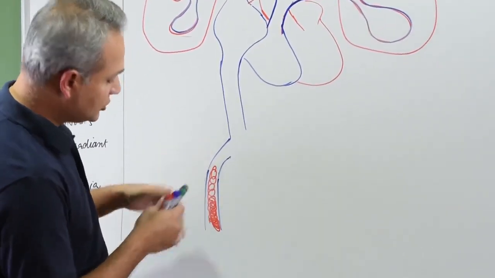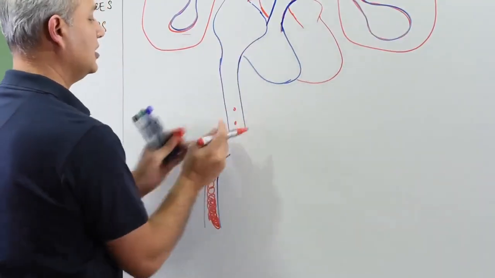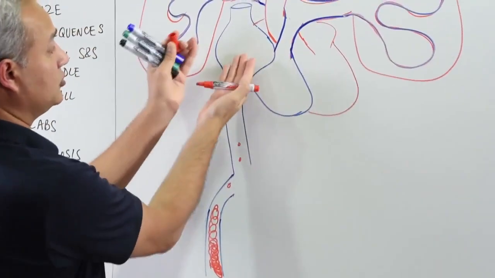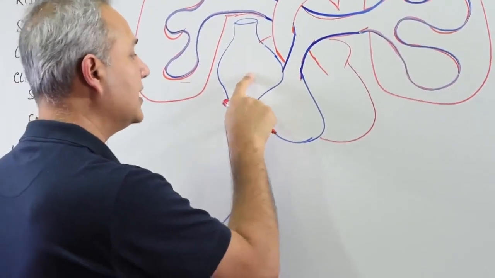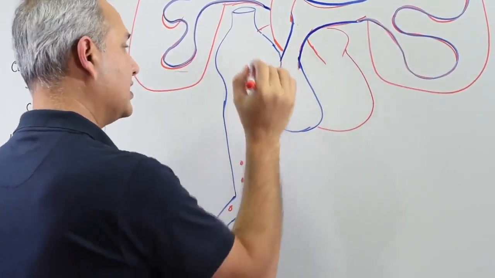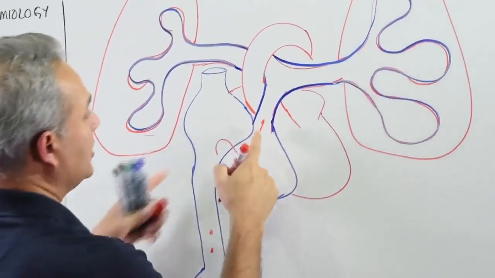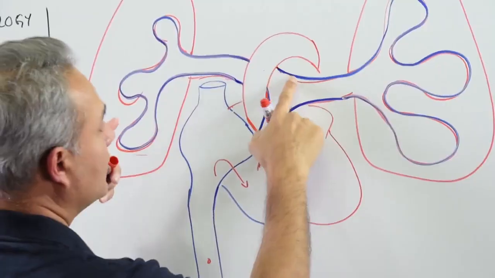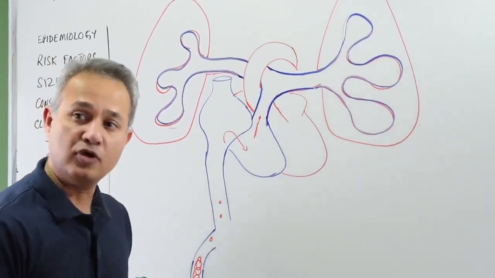So imagine a piece of this thrombus breaks off and travels to larger veins, finally reaching the heart, from the right atrium into the right ventricle, and from there to the pulmonary artery. That is where all the consequences come in, which we should talk about. So that is the embolus.